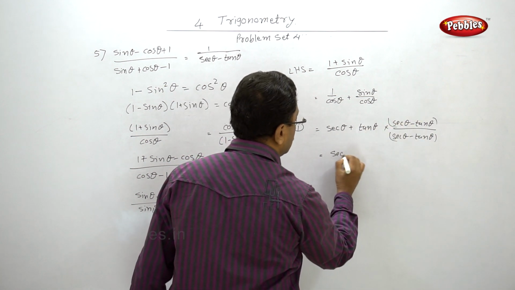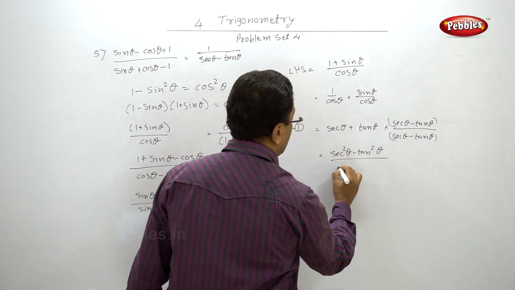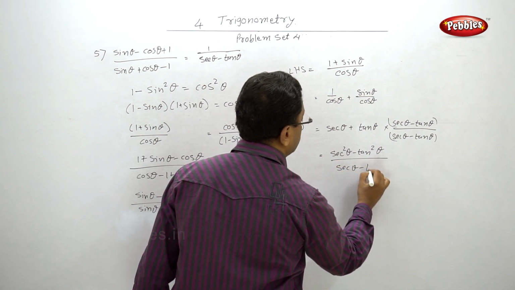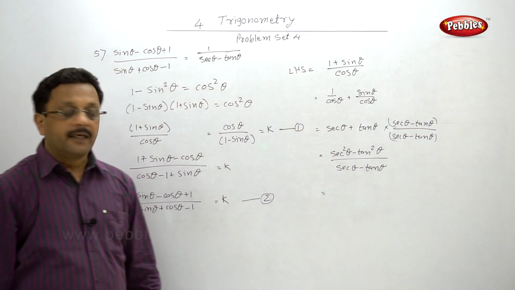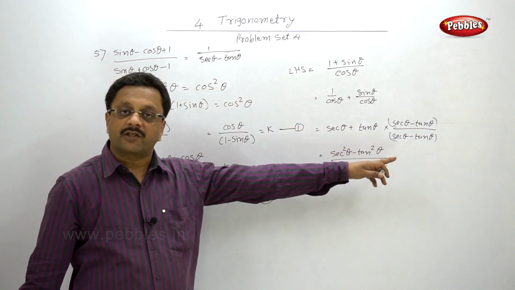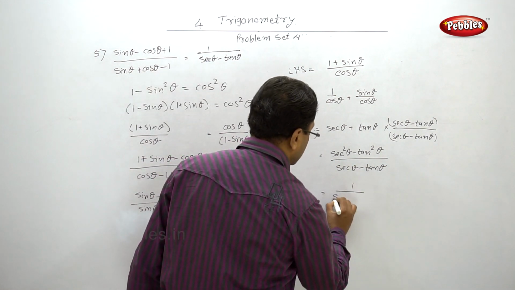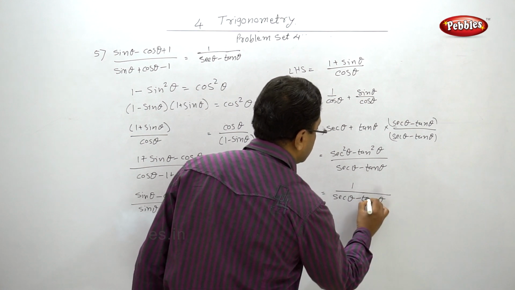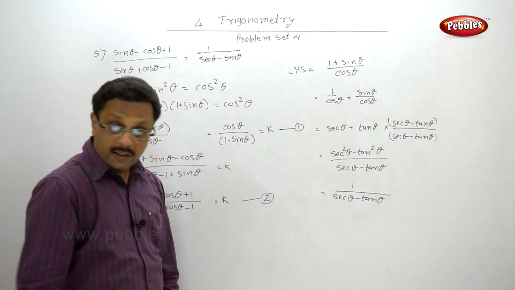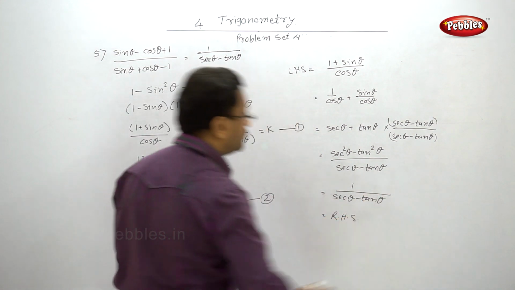So I have sec square theta minus tan square theta upon sec theta minus tan theta. And I know that identity is there. Sec square theta minus tan square theta is equal to 1. So I have here 1 upon sec theta minus tan theta, which is nothing but my right hand side.